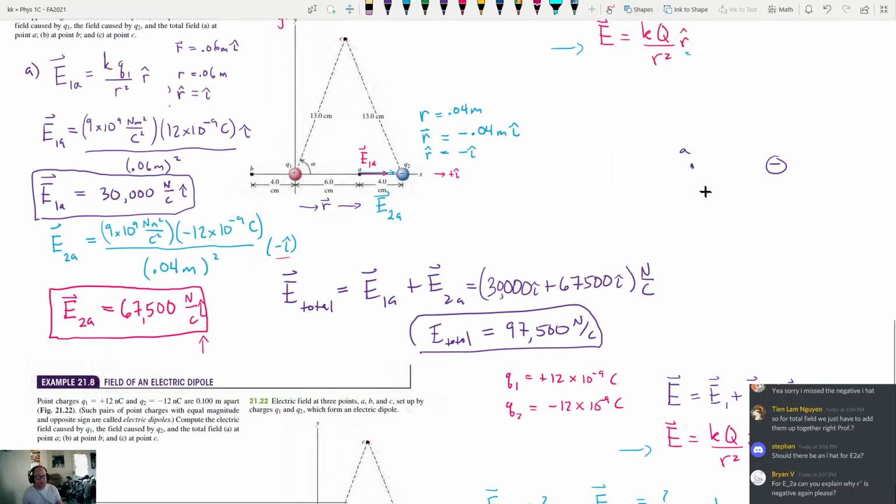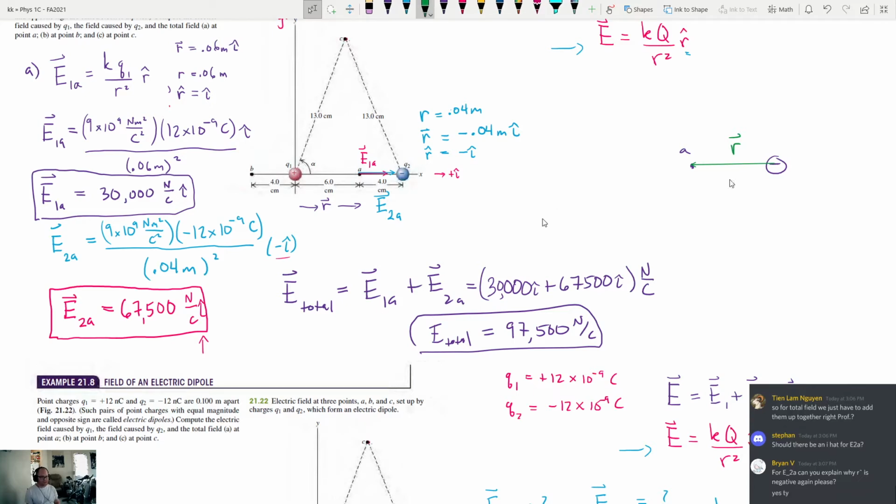How do you draw r? You draw a line from the charge to the point. Charge to point. Just remember that. Going from the charge to the point. And that is your vector. Does that make sense, Brian? You draw a line from the charge to the point.